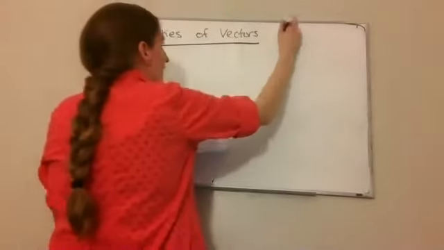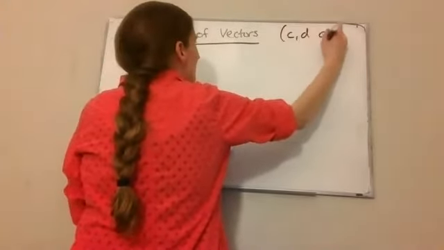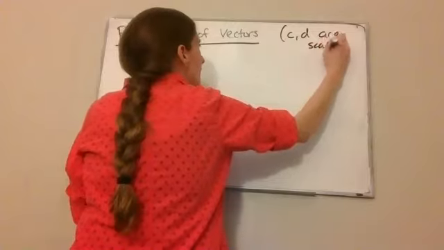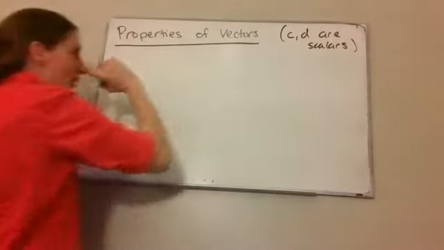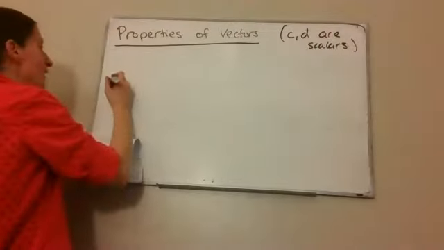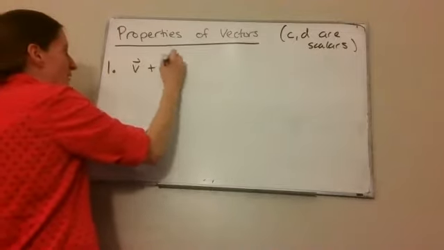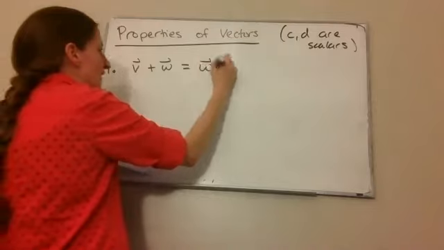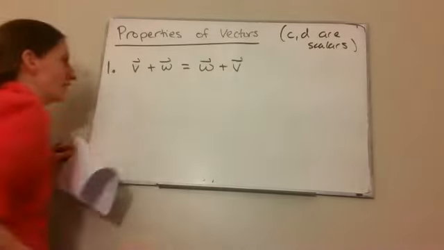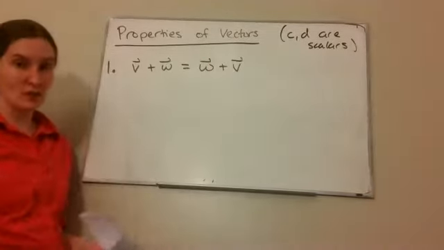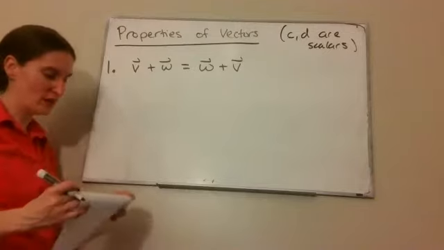And I'm going to have C and D are scalars in all these properties that I'm about to write. First property, vector V plus vector W is equal to vector W plus vector V. So our addition is commutative, that you can change the order that you're adding.